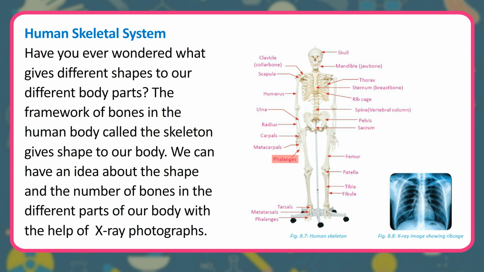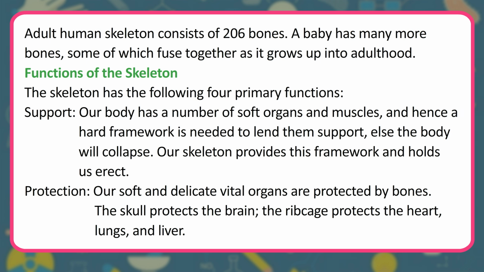Metacarpals. Phalanges. Femur. Patella. Tibia. Fibula. Tarsals. Metatarsals. Phalanges. The adult human skeleton consists of 206 bones. A baby has many more bones, some of which fuse together as it grows up into adulthood.